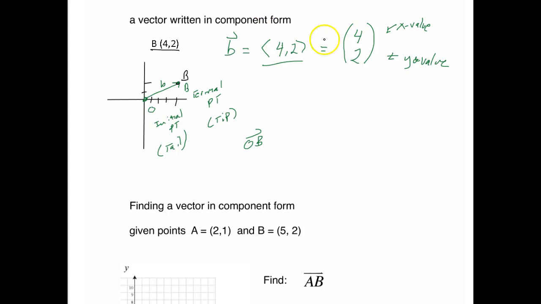It's called unit vector form. That's where you take the x value and you put an i next to it, and then you put the y value with a j next to it. So that's the x value, and that's the y value. Your book will use these forms interchangeably.